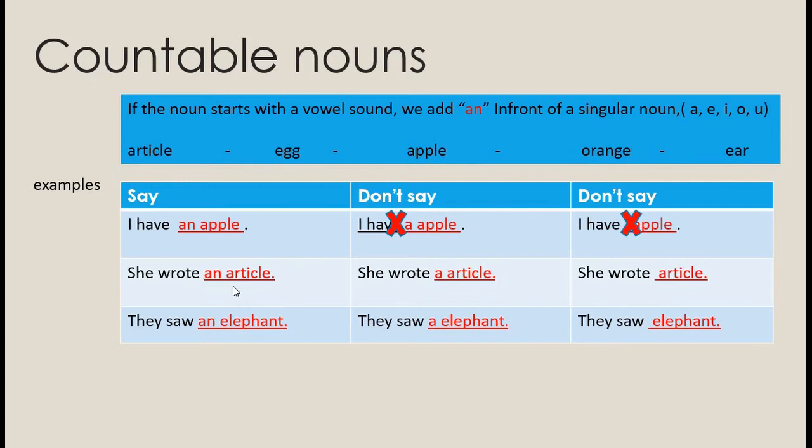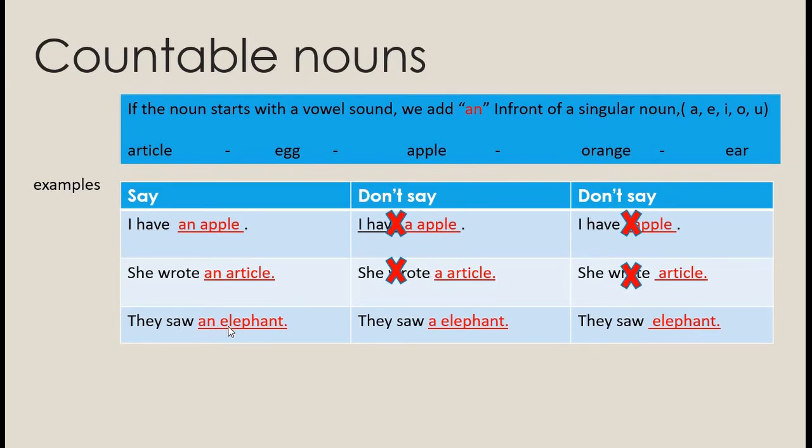Look at the second sentence. She wrote an article. Article starts with a vowel, singular noun, we use an. She wrote a article. This is wrong because this is singular, starts with a vowel. She wrote article, also this is wrong. They saw an elephant.